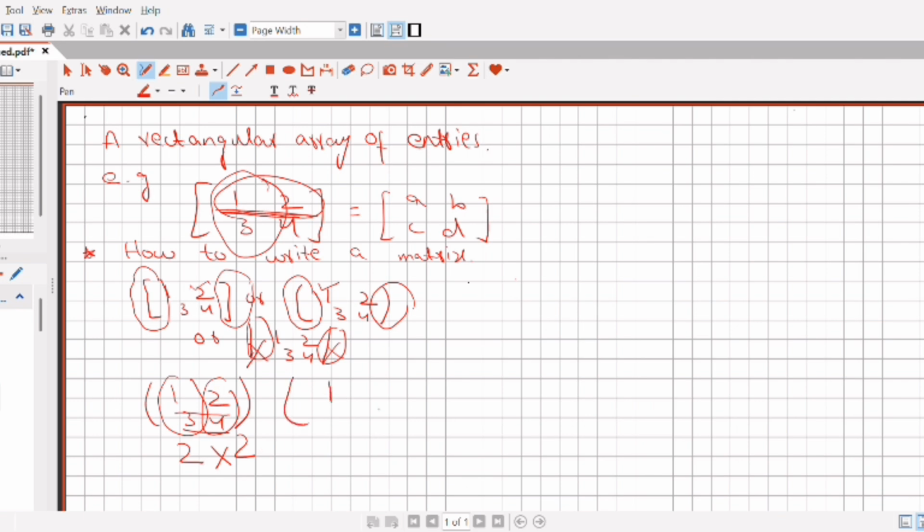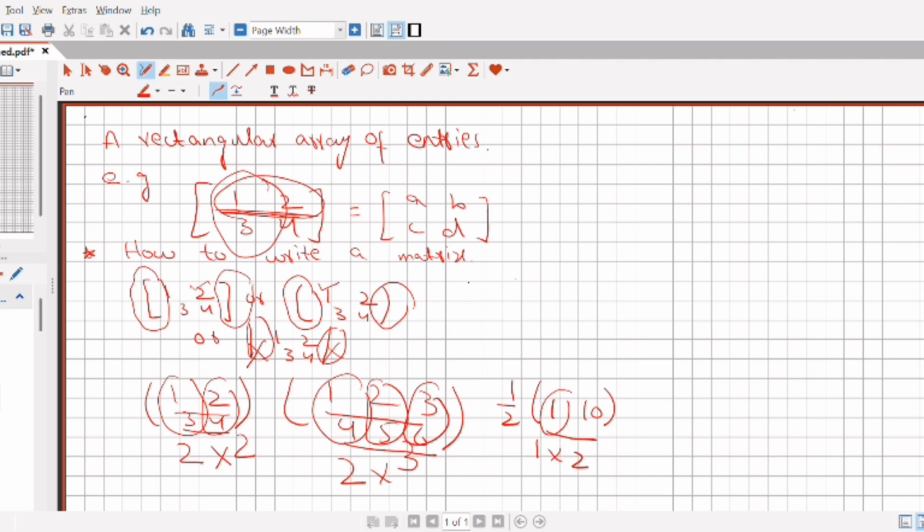If I write 1 2 3 4 5 6, there are two rows and three columns. If I write 1 2 in a single line, there is one row and two columns.